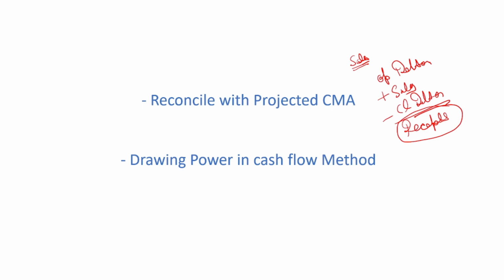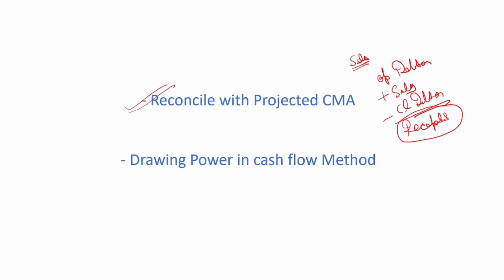If this is not matching, there is some error in projecting the cash flow or in the CMA. Like that, for purchases also you can match opening creditors plus purchases minus closing creditors. Whatever the balance is, it is the payment to the raw material supplier. And like that, operational expenses and all these things you can cross check with the CMA. So this is an important point.